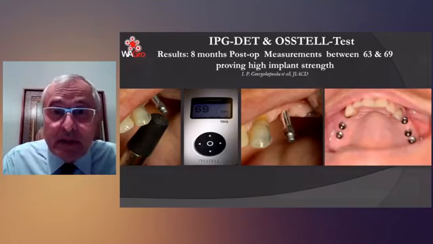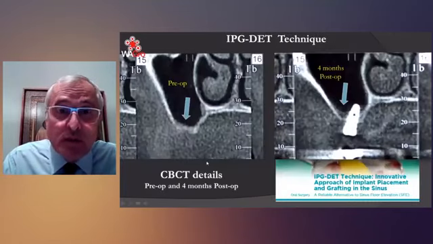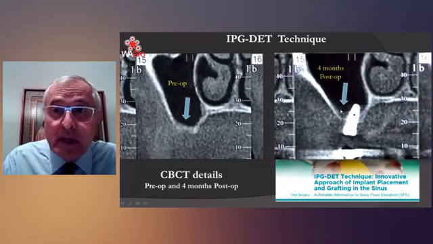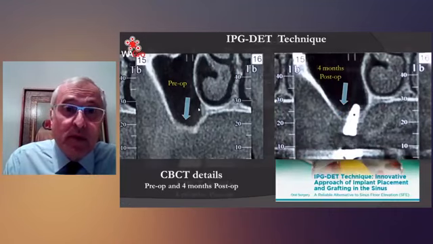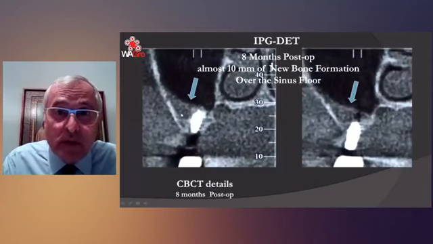And what is interesting, I'd like to show you details of the CBCT. You see here pre-op, very little bone. See here in 4 months new bone formation. But in 8 months, we saw almost 10 millimeters of new bone formation over the sinus floor.